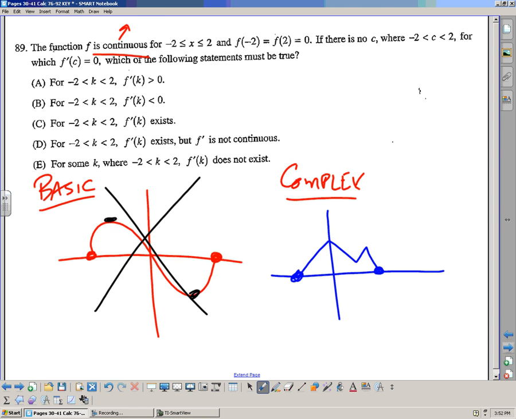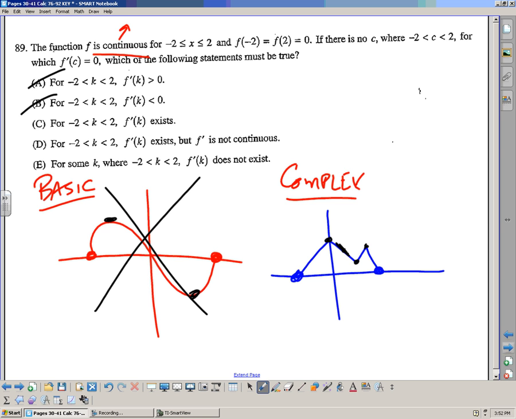It says from negative 2 to 2, f prime of x is greater than 0. Well, that's not true. For example, right here, the derivative is less than 0. And for symmetric reasons, B is wrong also. Choice C says from negative 2 to 2, f prime exists. Well, on my complex graph, it does not exist at 3 places.